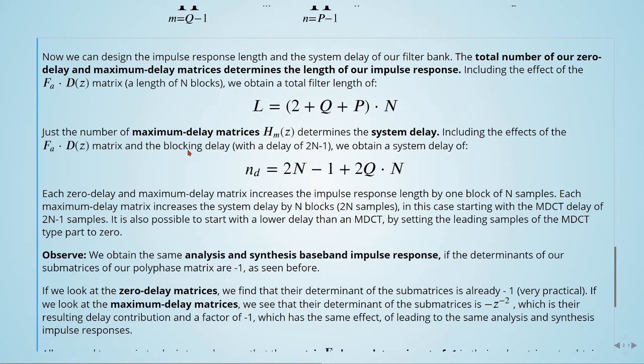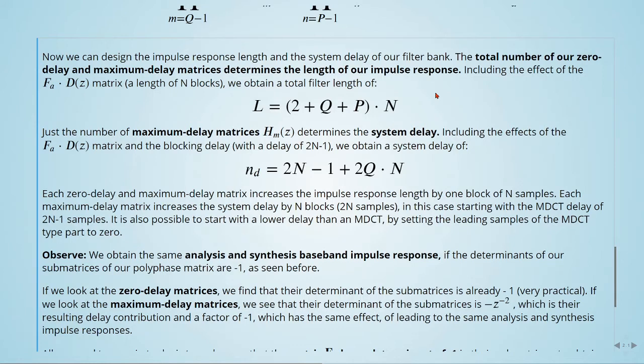Now we can design the impulse response length and the system delay of our filter bank. The total number of our zero delay and maximum delay matrices determines the length of our impulse response, including the effect of the FA times D of Z matrix, a length of N blocks, and we obtain a total filter length L equals 2 plus Q plus P times N.